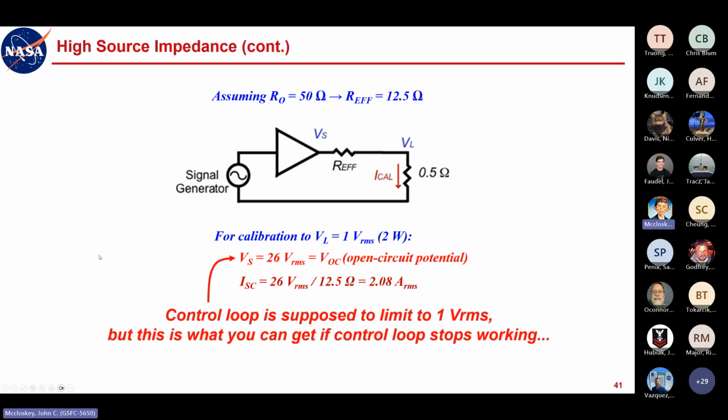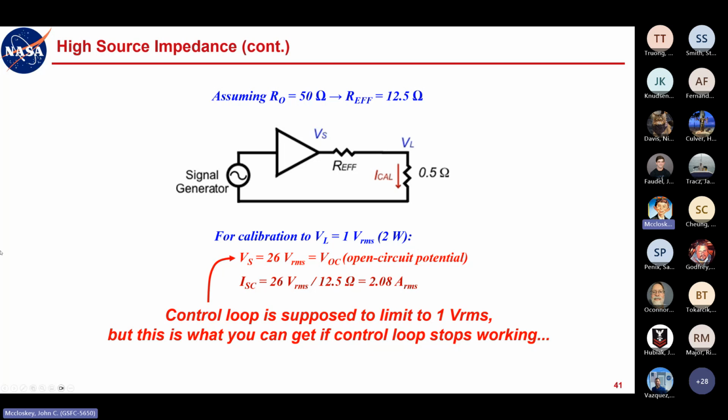Now, you might argue, well, we have a control loop in there that's limiting us to 1 volt RMS, right? And sure, that's what's supposed to happen. But in their case, that control loop stopped working for whatever reason. I don't remember exactly what happened there, but the control loop stopped limiting to 1 volt RMS.